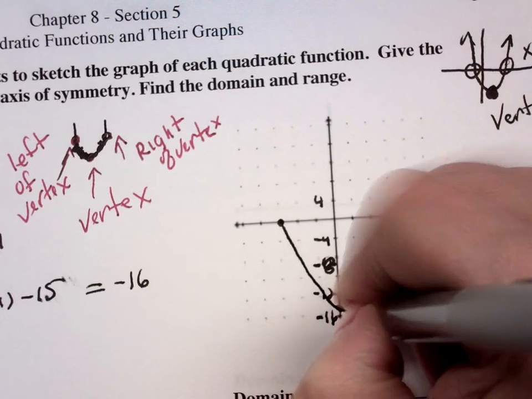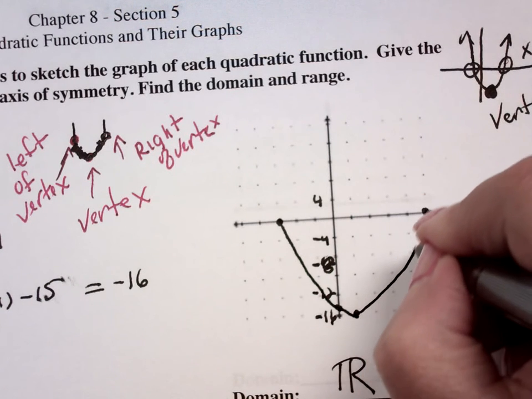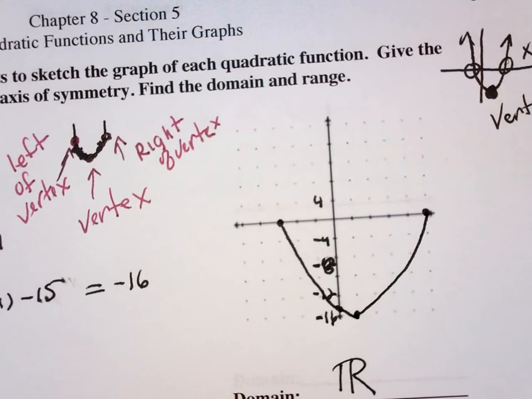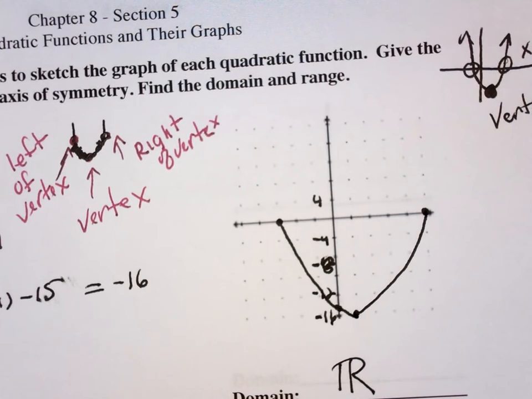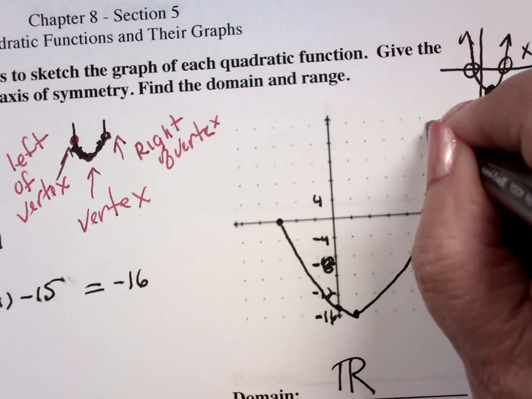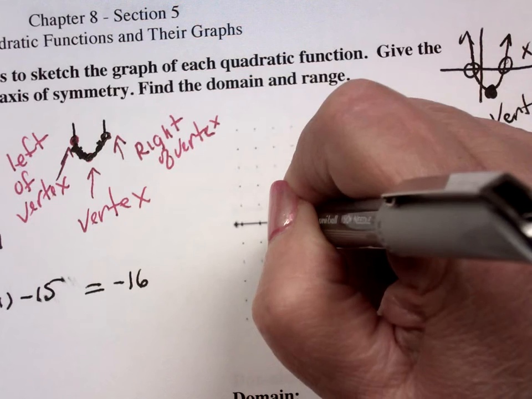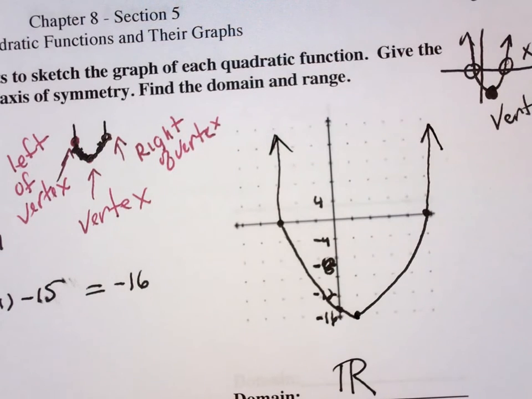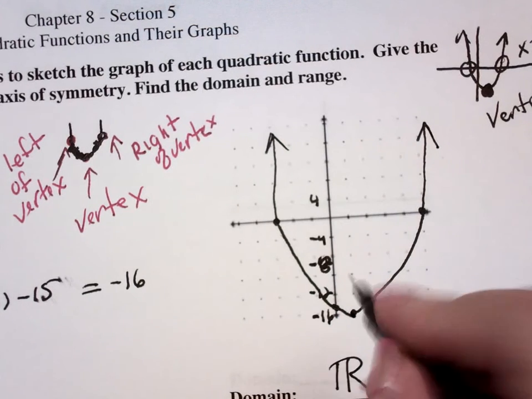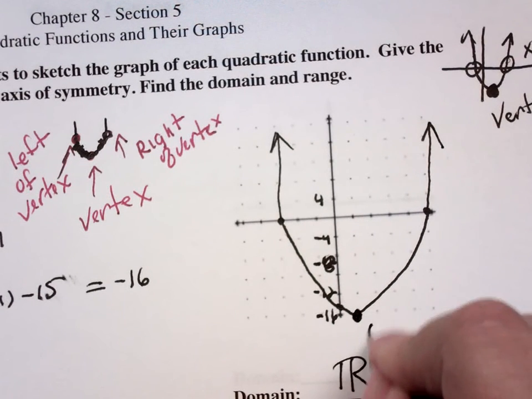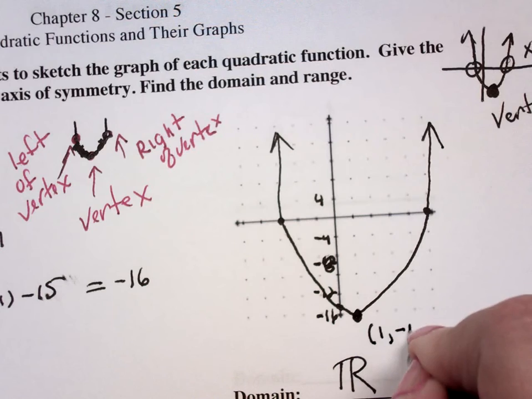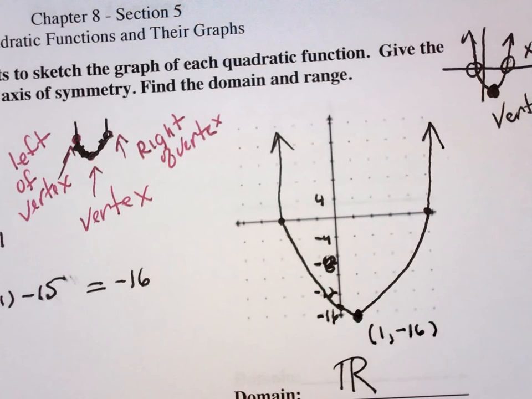And notice, all I'm doing right now is, what am I getting? I'm getting the bowl. But what do I know? He's going to keep going up on either side. Now here's the vertex. The vertex is at 1, negative 16. So what do I know about the range?